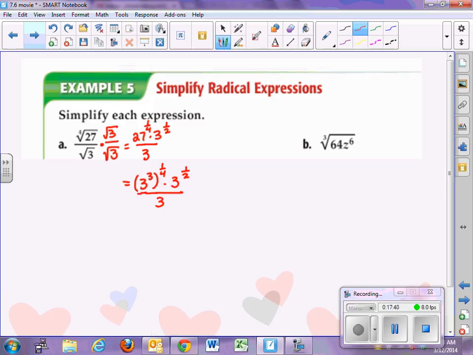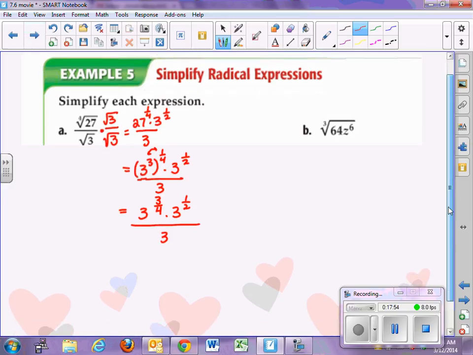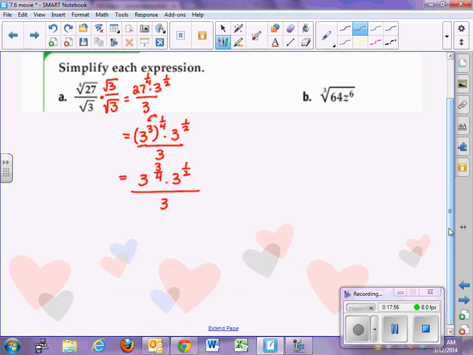So in the next step, what do we really have? You multiply exponents when you're raising a power to a power. So this is 3 to the 3/4 power times 3 to the 1/2 power. And there again, what do we do when we're multiplying powers with the same base? You add the exponents. So you wonder, what's 3/4 plus 1/2?